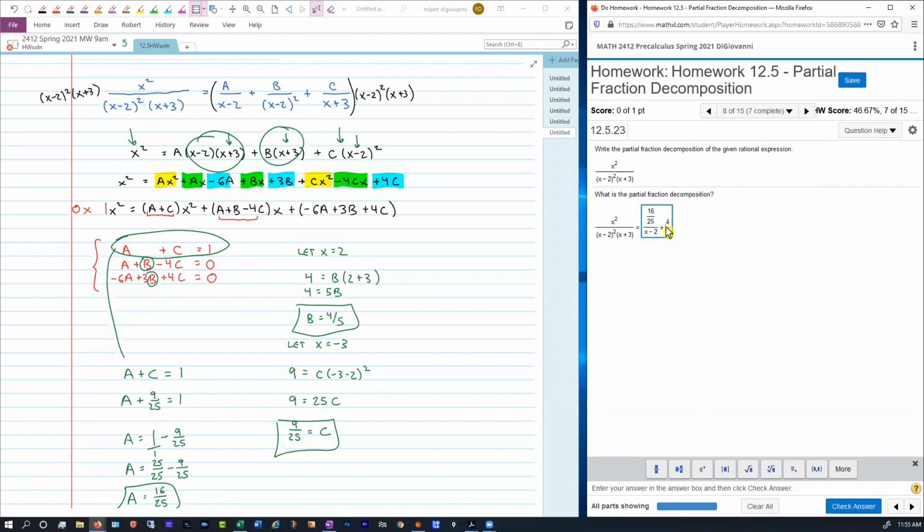I need all of that over X minus 2 squared. And then plus C, which was 9/25. But I need all of that.